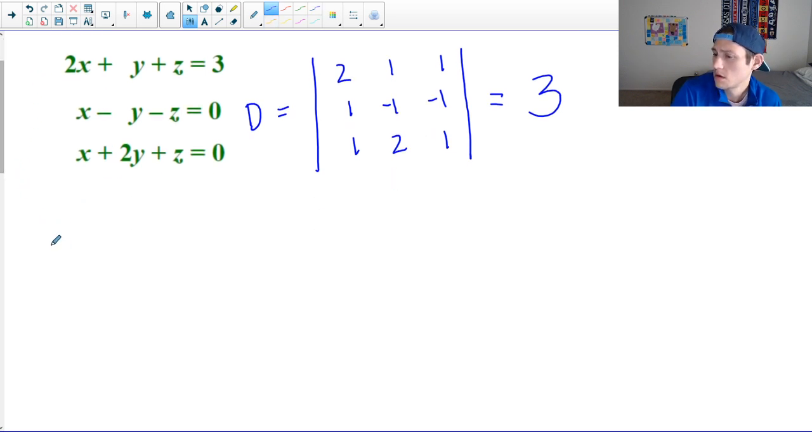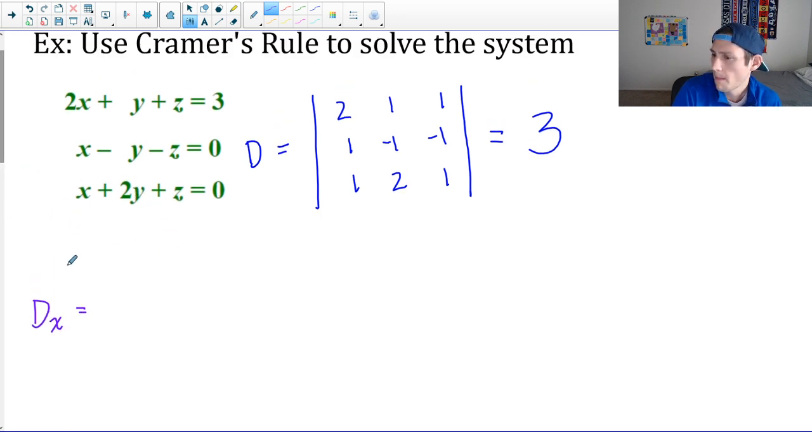So what I'm going to do is, so again, this is another determinant. I'm going to leave the second column and the third column the same. 1, negative 1, 2, 1, negative 1, 1.